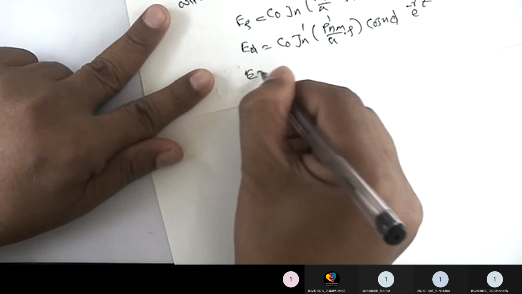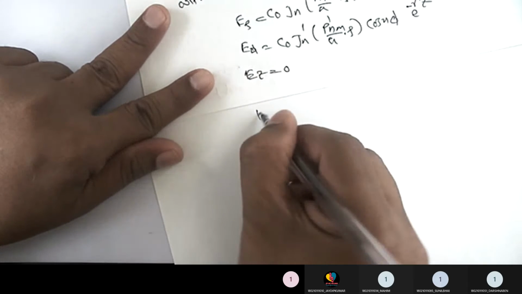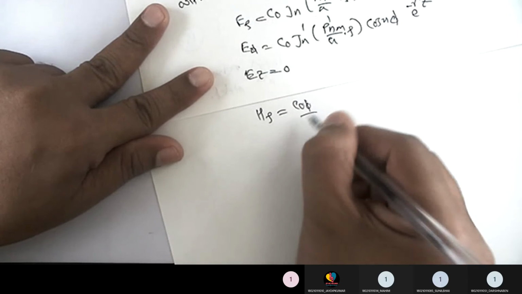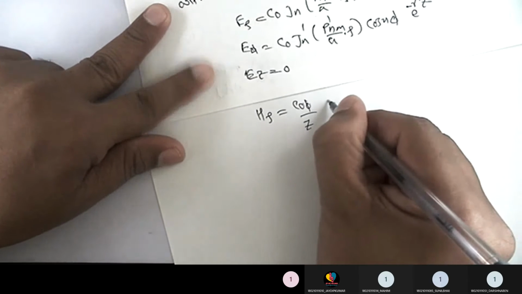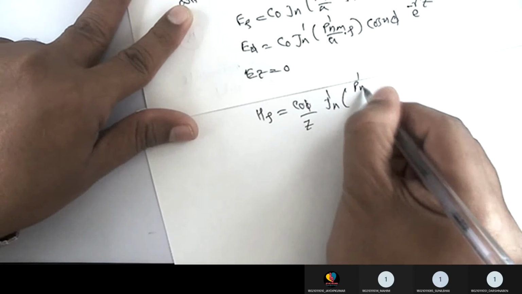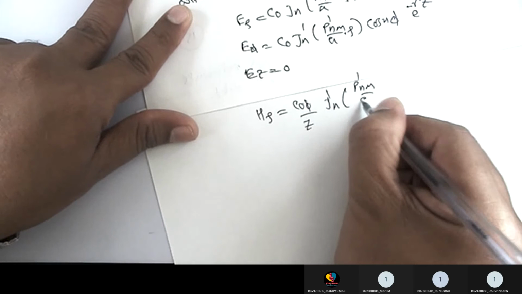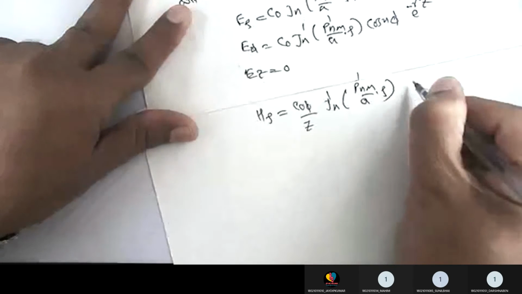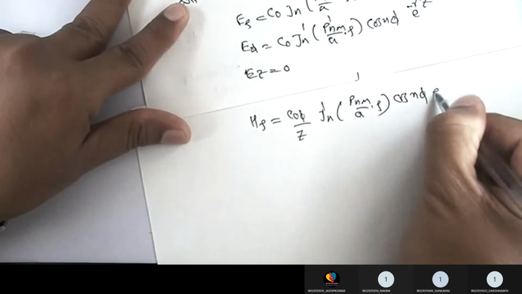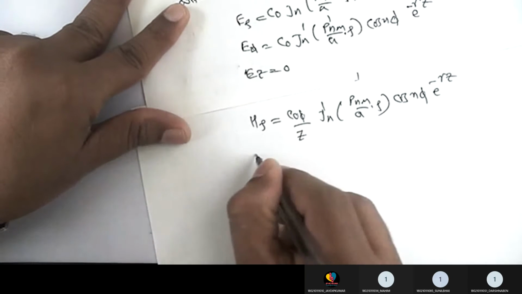Same way, Ez will become 0. Then H rho will become C0 by some impedance Z, and then Jn prime P'nm by a into rho cos n phi e raised to minus gamma z.